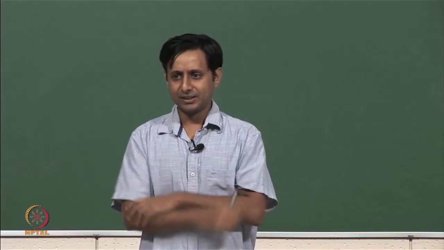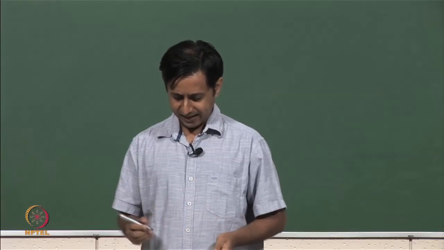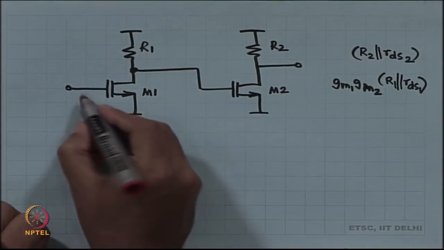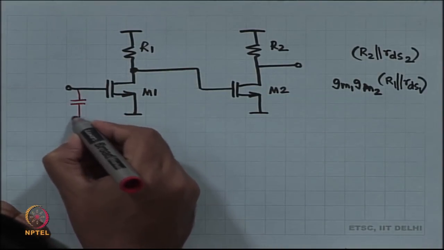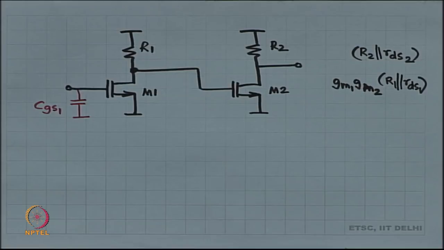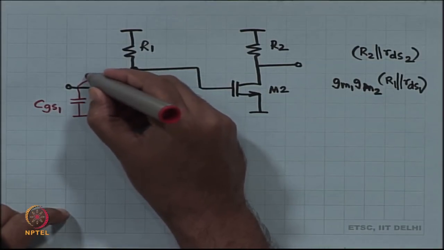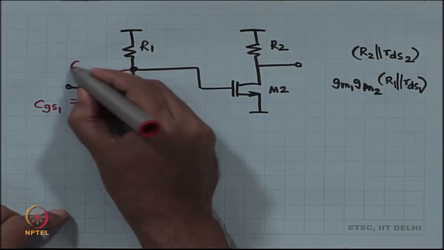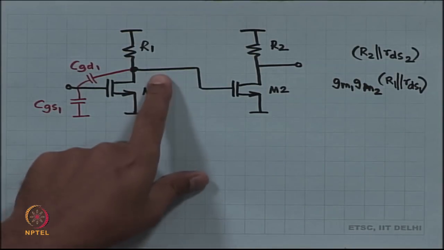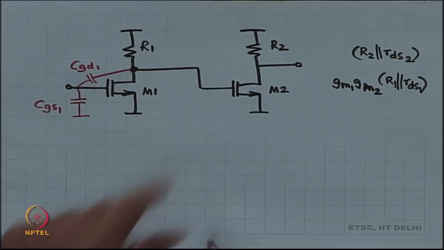Now, we have to plug in the capacitors, and I have 4 capacitors for each device. So, let us do M1 first. I have got CGS1 and I have got CGD1, and once again you see CGD1 is going to be very annoying, and then I have got C drain to body of 1.